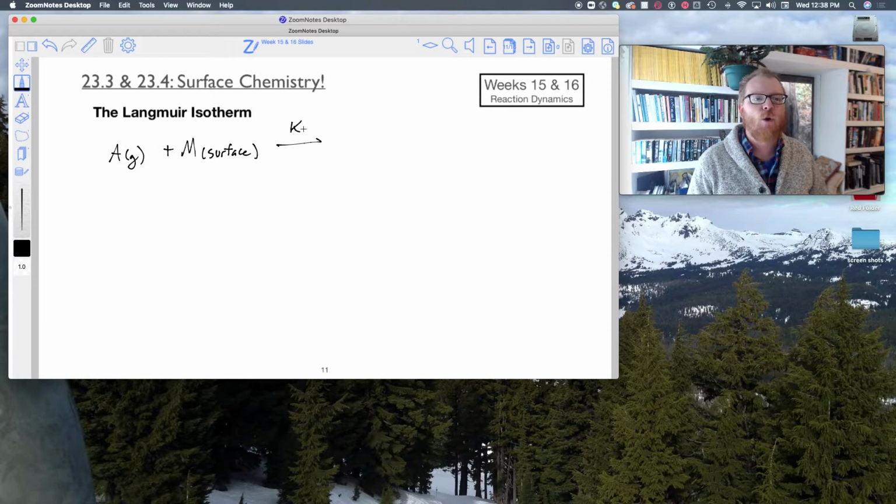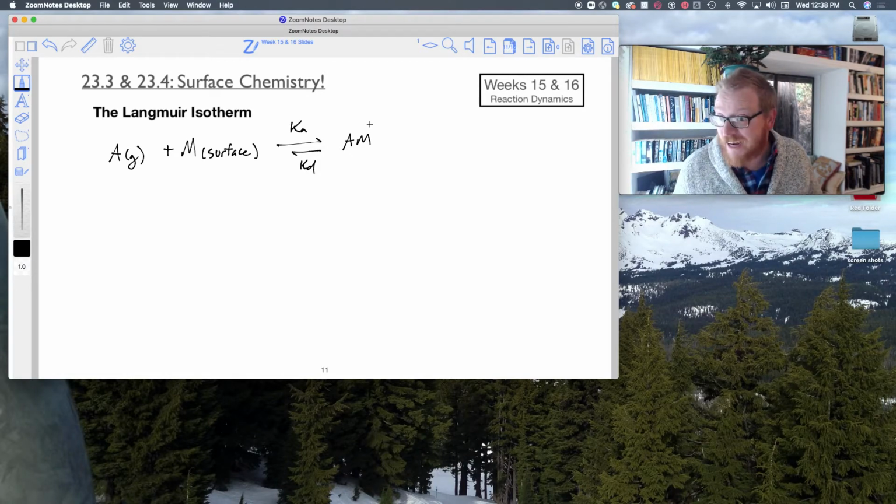And there's adsorption given by Ka, and there's desorption given by Kd, and this becomes a new interaction pair. We could think of this as an encounter pair, AM, on the surface. Okay. And this could be for physisorption or chemisorption.